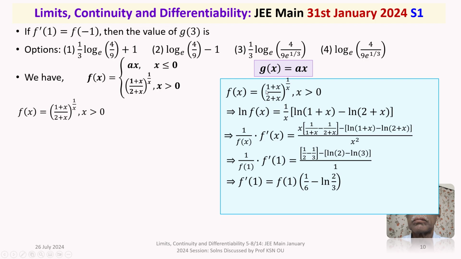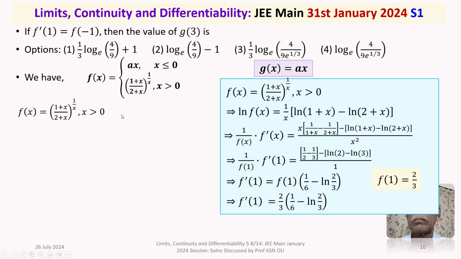Then you will get (1 plus 1) by (2 plus 1), that is 2 by 3, by 1 by 1, that is 2 by 3. That is, f of 1 is 2 by 3. Substitute here, you will get f prime 1 is equal to 2 by 3 into (1 by 6 minus ln of 2 by 3).